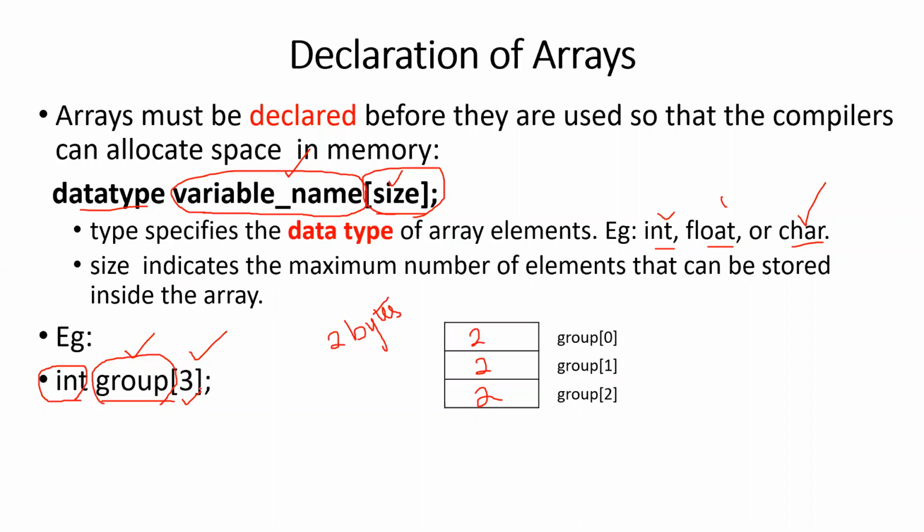Each integer element is given 2 bytes, so 3 integer elements will be allocated 6 bytes in memory. So these are the practical questions. If you have understood what an integer is and what memory size is given for an integer during declaration, you can easily answer what will be the memory size allocated to an array.